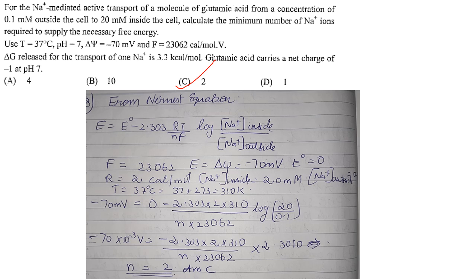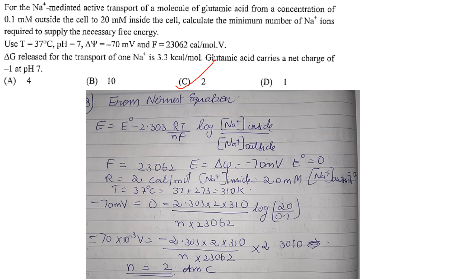T is 37 degrees, pH is 7, delta psi is minus 70 millivolts, and Faraday's constant is 23062 calories per mole per volt. Delta G released for the transport of 1 Na+ is 3.3 kilocalories per mole. Glutamic acid carries a net charge of minus 1 at pH 7.